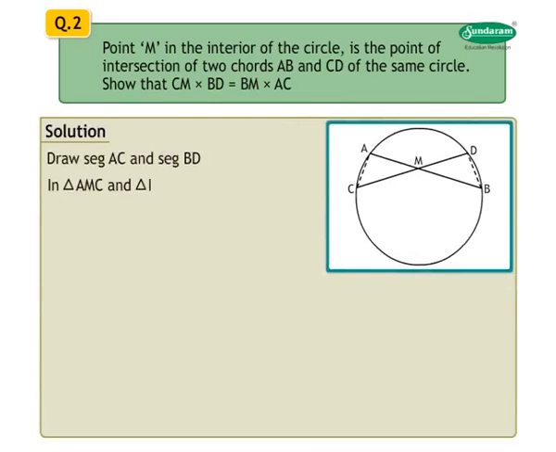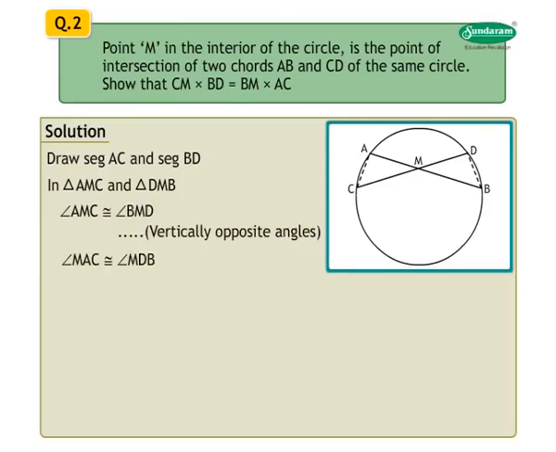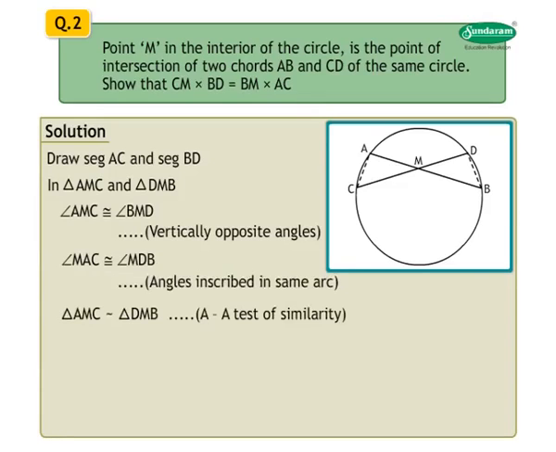In triangle AMC and triangle DMB, angle AMC is congruent to angle BMD since they form vertically opposite angles. Angle MAC is congruent to angle MDB since they are inscribed in same arc.